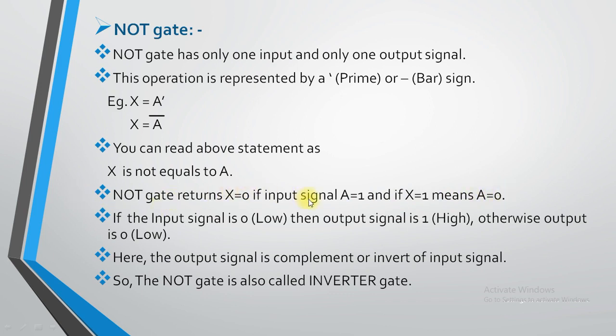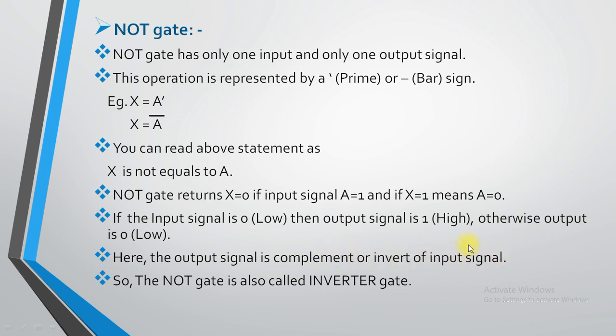If you want to write this point in the language of low and high, then if the input signal is low, the output signal is high, otherwise the output is low. Here the output signal is the complement or invert of the input signal.